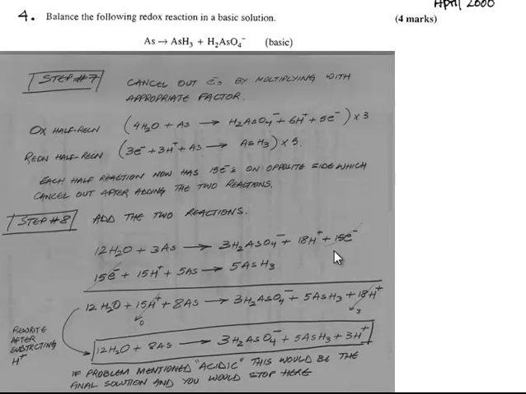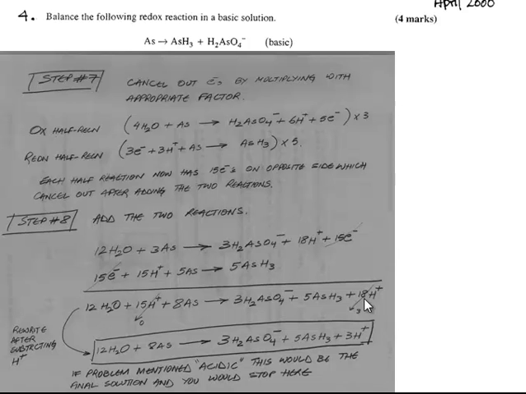So now we add them together, 12 water and 15 hydrogen, 3 plus 5 is 8, and then we write down 3 H2AsO4, and we write down 5 AsH3, and then the 18 hydrogen.